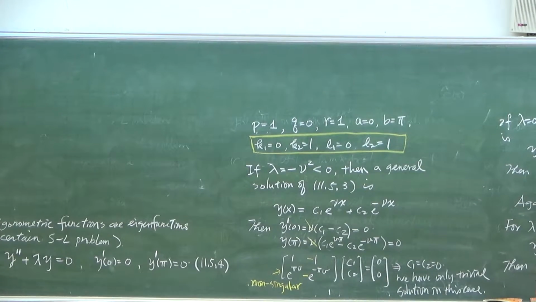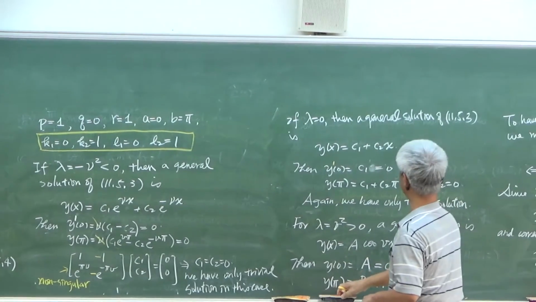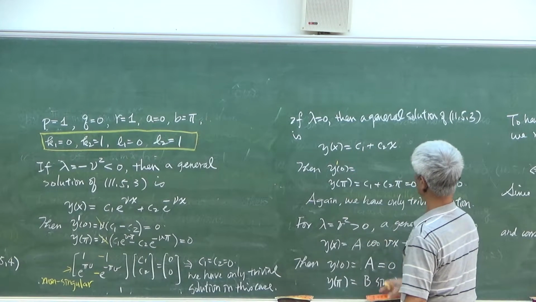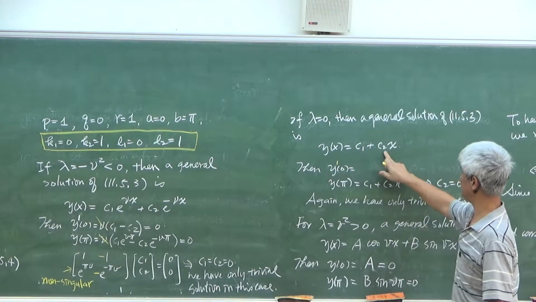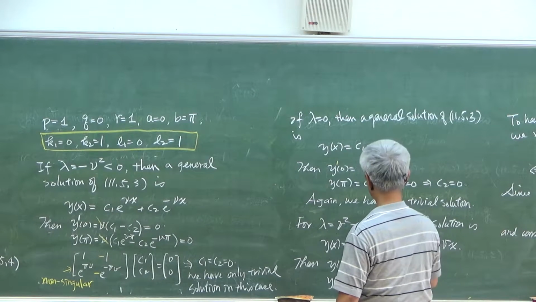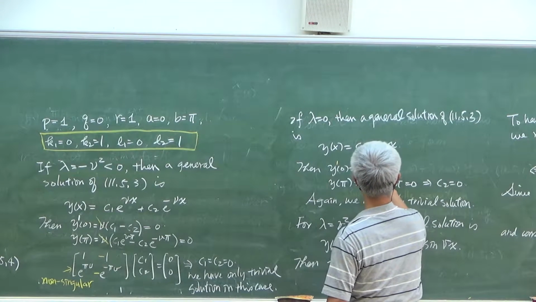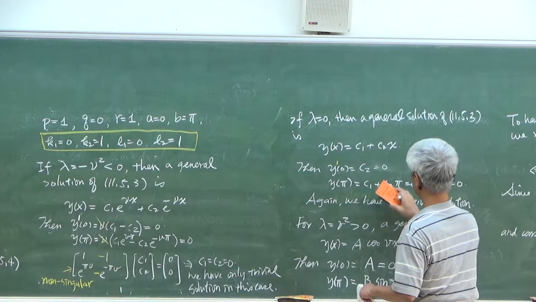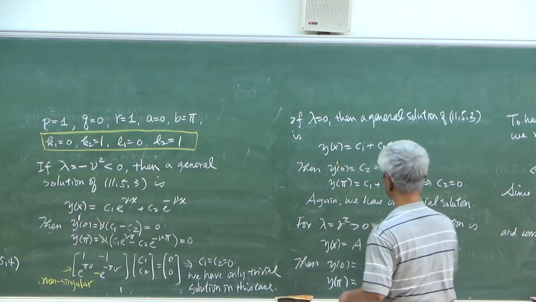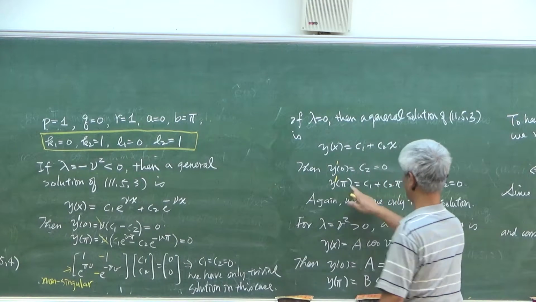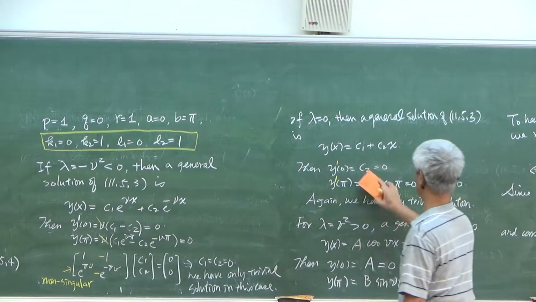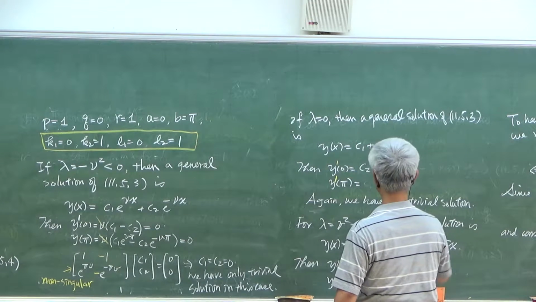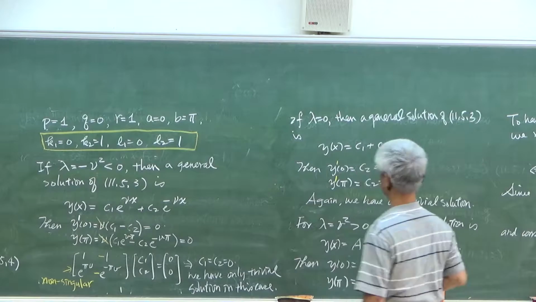For lambda equal to 0, because the derivative is equal to C2, y prime says that we have C2 equal to 0.